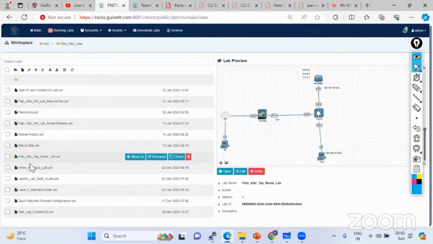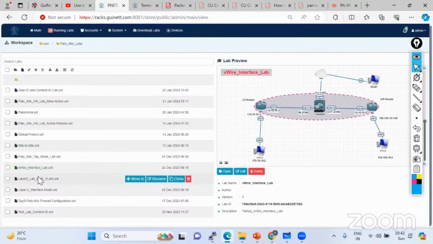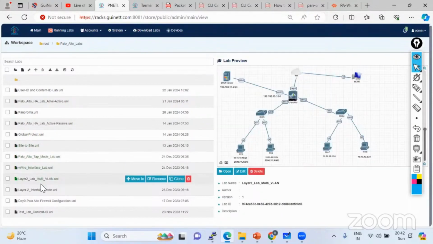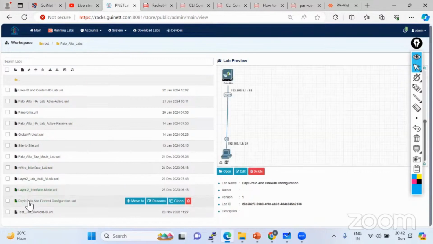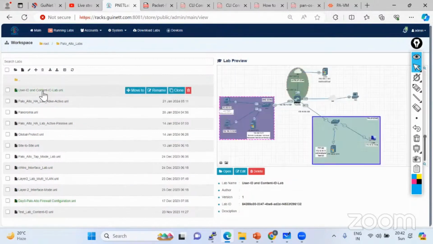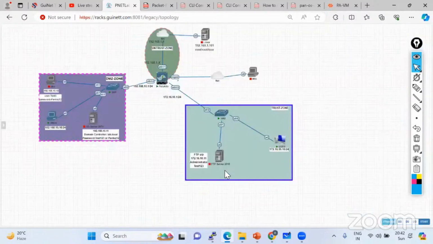You can see we have the tap mode topology, the virtual wire topology, the layer 2 topology, and the interfaces. This lab is provided throughout the session journey. You'll get the lab access, you can access it from anywhere, you just require a laptop and internet. No additional hardware is required, and you can just open these labs and start playing around with them.